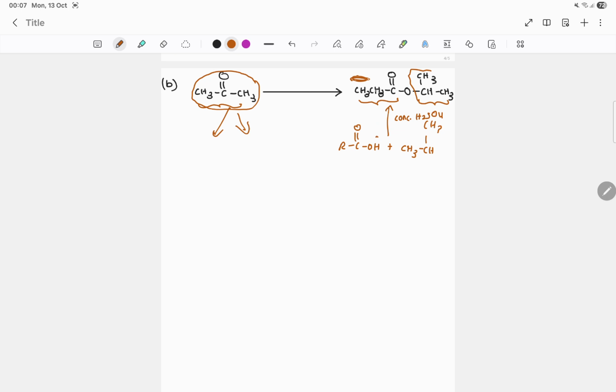Okay. From this one to here, it is a CH2. You can form this product. So if it is a RCOO, so CH3 CH2 COCl, you don't need to add conc H2SO4.